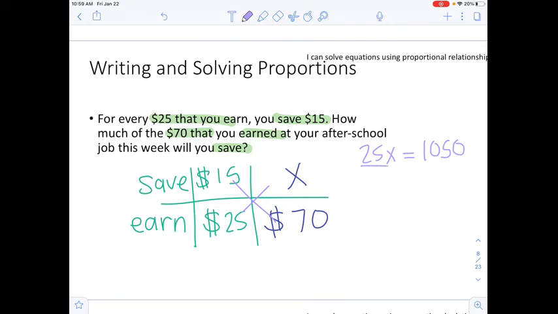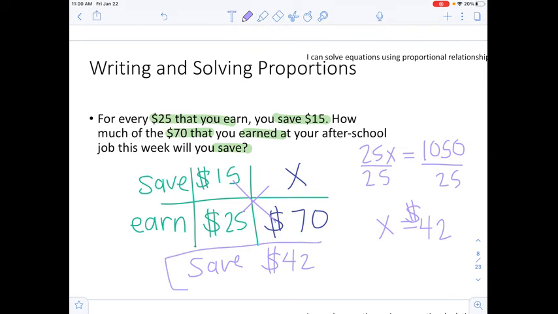Okay, then to solve this, I'm going to divide both sides by 25. And I'm left with x equals 42. Add a label. So we will save $42.